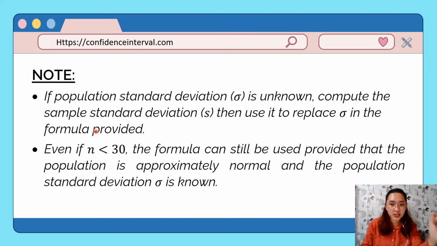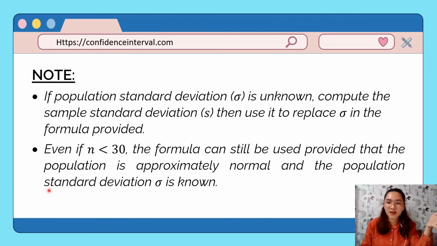Take note po natin na gagamitin lang po natin yung formula na kanina present natin kapag given po yung population standard deviation at greater than or equal to 30 ang ating sample size.